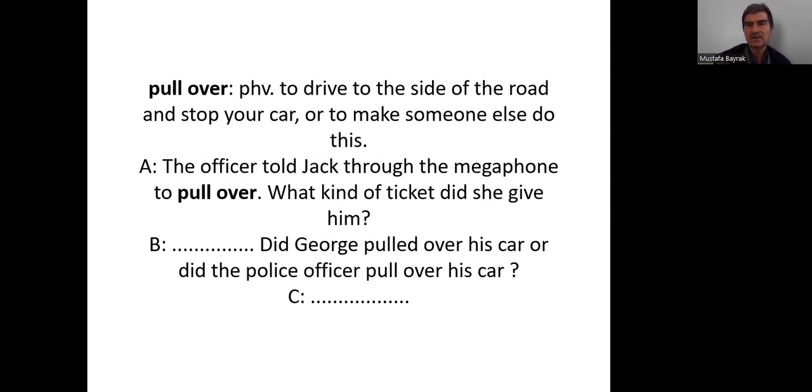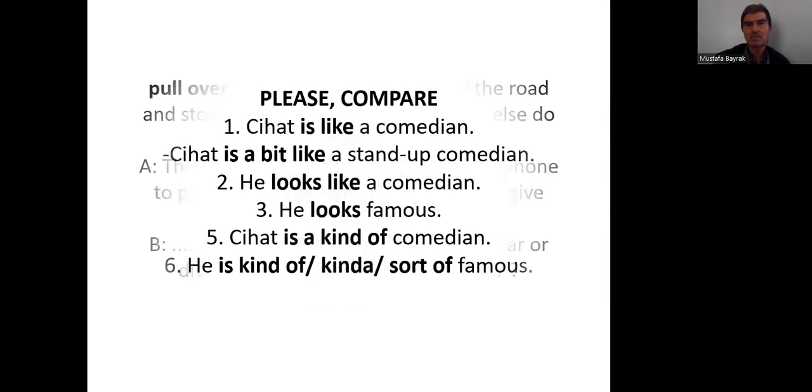What kind of ticket did she give him? She gave him a fine ticket. Did George pull over his car, or did the police officer pull over his car? Of course, George pulled over his car because the police officer told him to pull over his car.